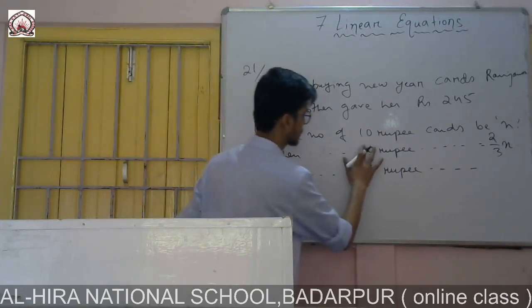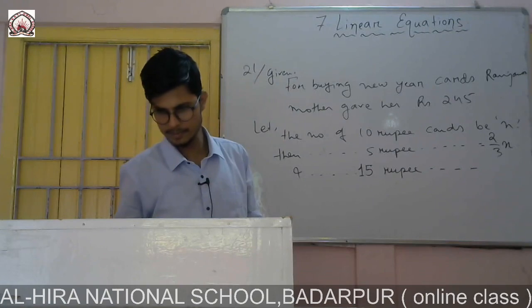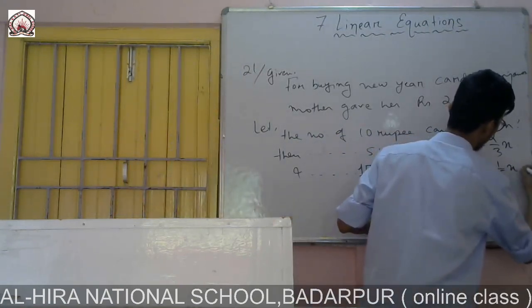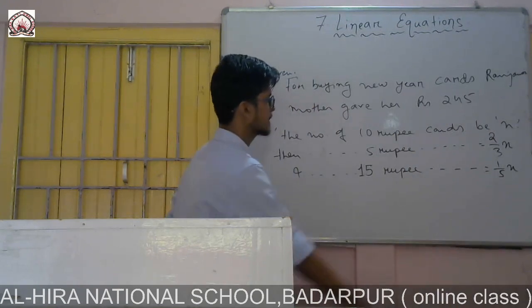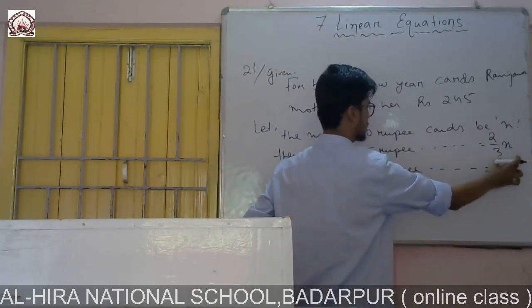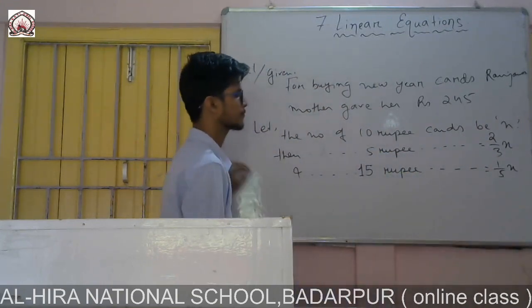Sorry, this is 5 rupee and this one is 15. So the number of 15 rupee cards is given as 1/5, so I will write 1/5 of x. So these are the number of cards. 10 rupee card is x, 5 rupee card is 2/3 of x, and 15 rupee card is 1/5 of x.